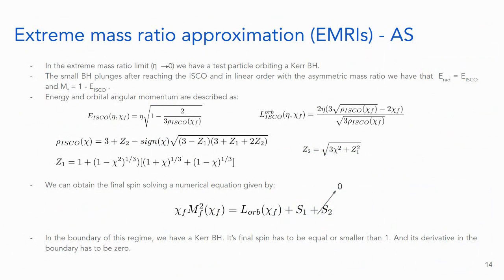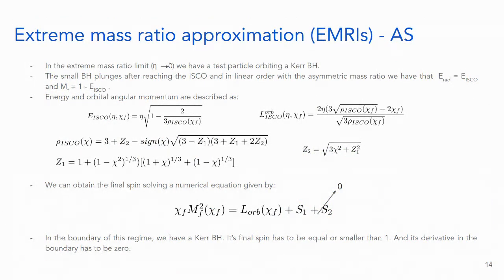So what about these analytical results for the extreme mass ratio regime? Basically, in that case, we have a test particle orbiting a Kerr black hole. The small black hole plunges when it reaches the ISCO, and to linear order in the symmetric mass ratio, the radiated energy is equal to the energy at the ISCO. So basically, the final mass is 1 minus the ISCO energy.